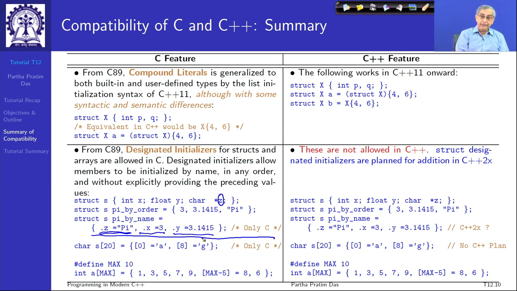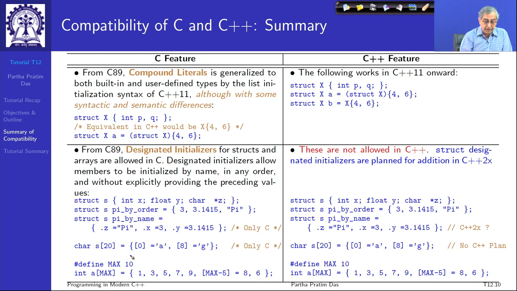This is allowed in C and they do not need to be in the same order as the members. So, this is by name, and the advantage is that I can skip initializing some of the components. Here, for example, I cannot skip initializing y because I have to specify z after that, but here you can skip some initialization also.